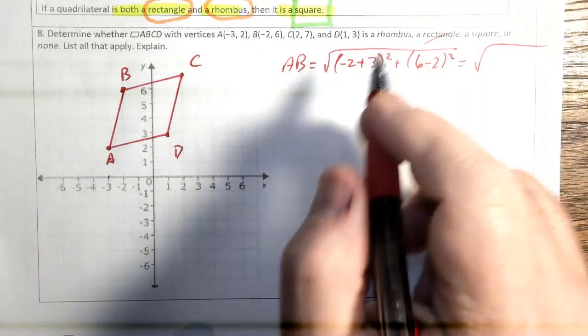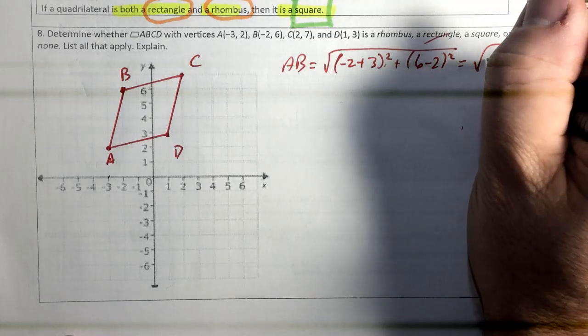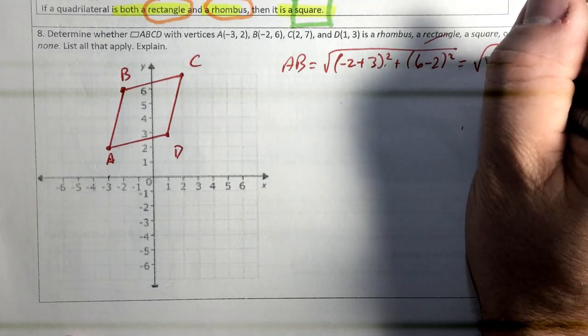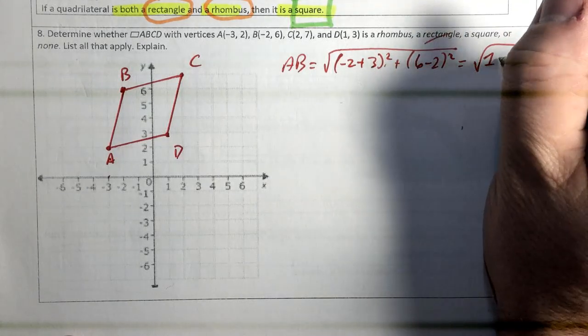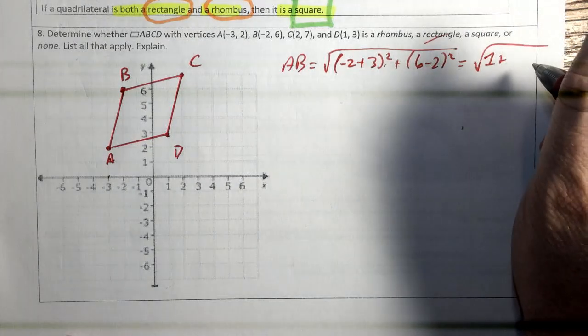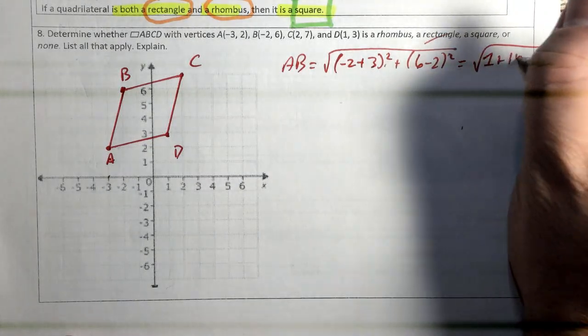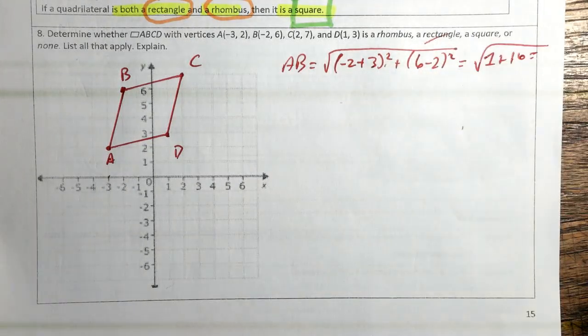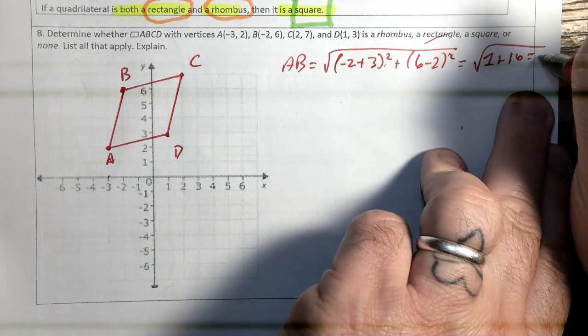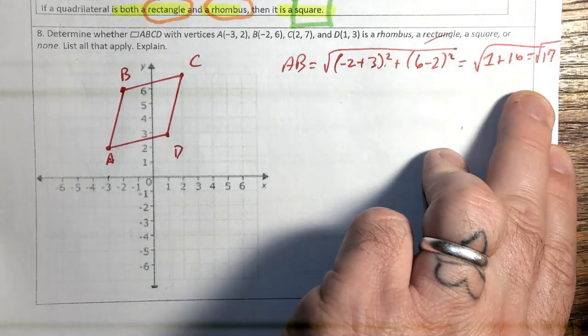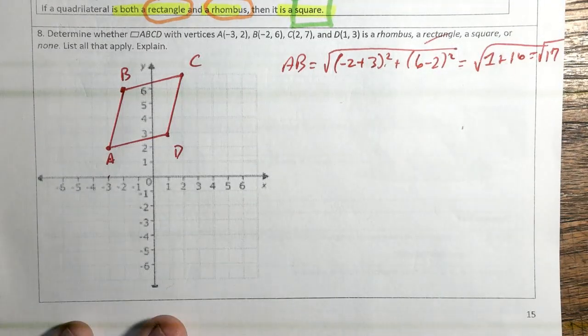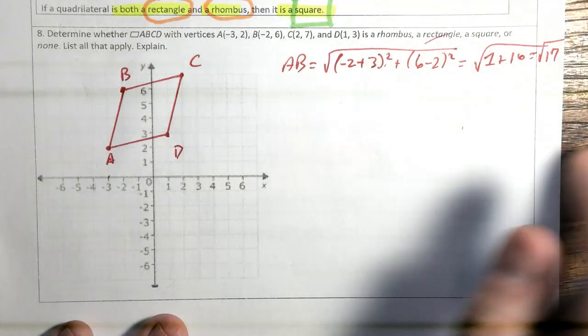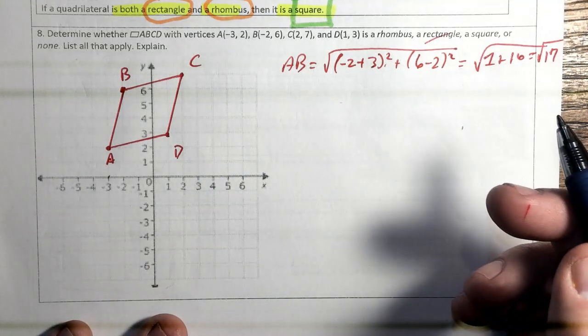Negative 2 plus 3 is positive 1. Positive 1 squared is 1, plus 6 minus 2 is 4. 4 squared is 16. 1 plus 16 is the square root of 17. Sorry, trying to keep my writing going, but also keep my mouth going.